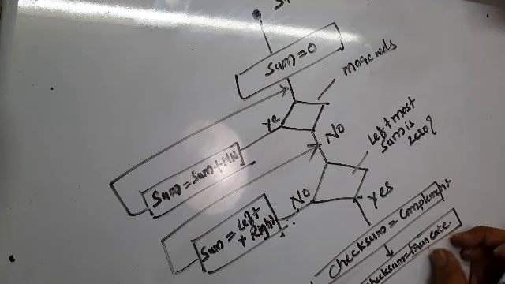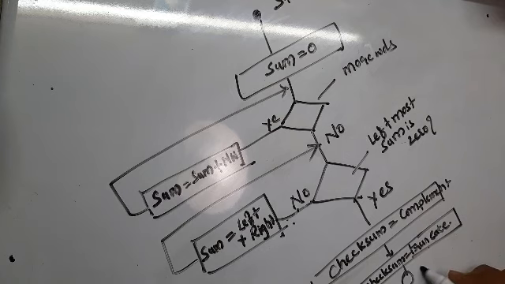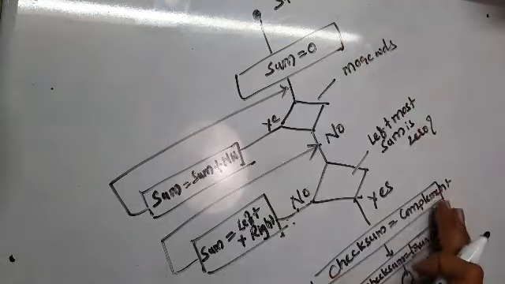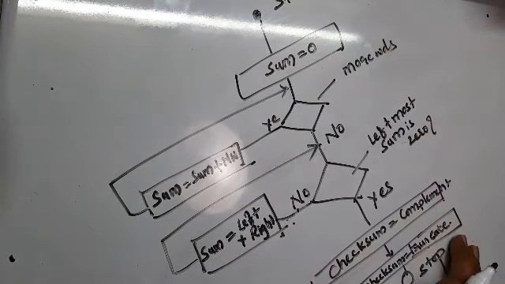So actually it is the truncated checksum. That is the meaning of it. Then stop. This is the flow diagram representation of the steps I have discussed.